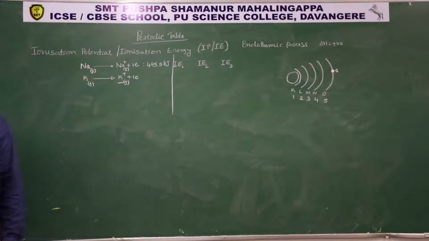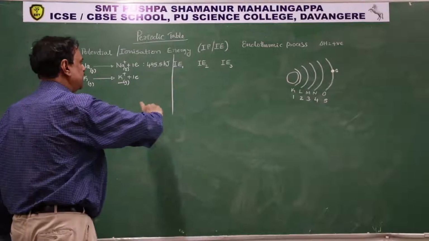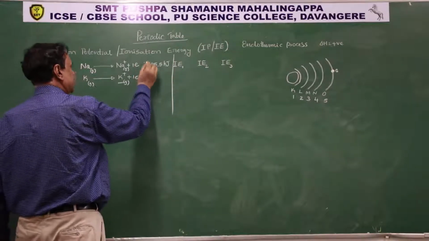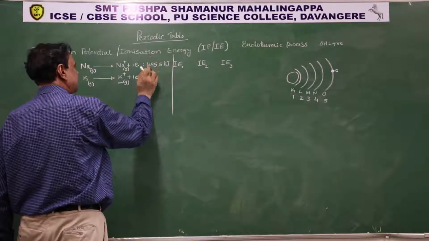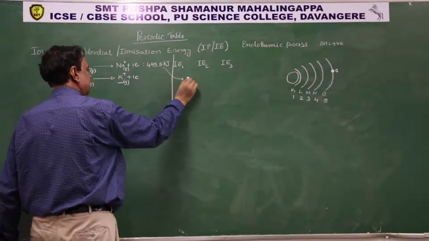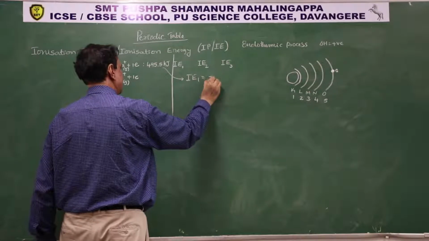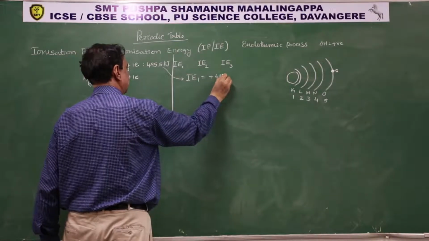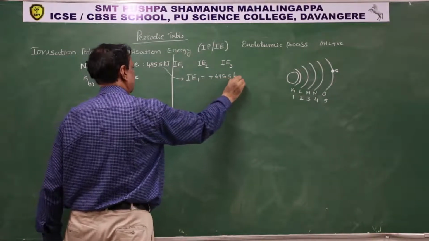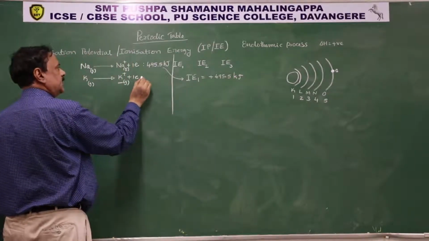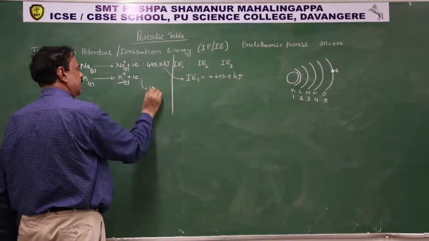That is a plus value, that is the endothermic process. Delta H is positive, therefore that is a plus value. Therefore IE1 is equal to plus 495.5 kilojoules. But here it is equal to 419 kilojoules.